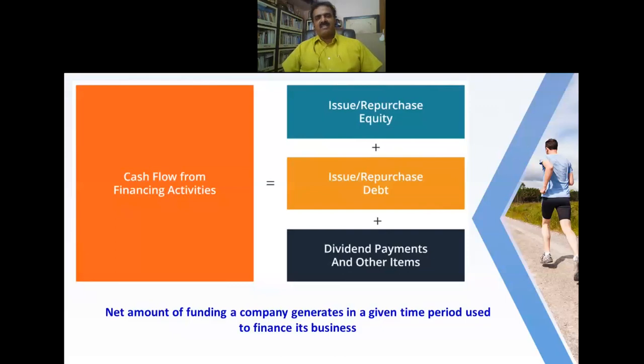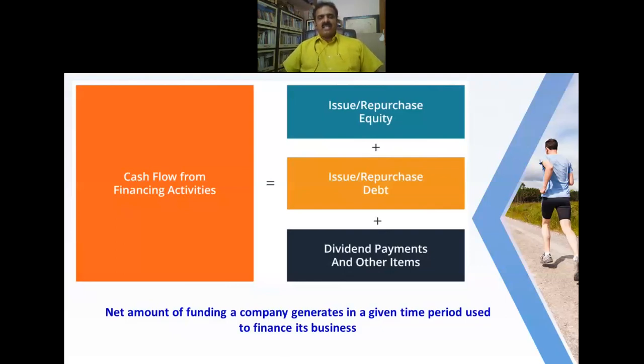And finally, the payment of dividends. So this consists of three items pertaining to the share capital and any kind of non-current liabilities such as bank loans and debentures and so on, and finally the dividend paid. So the combination of these three items put together gives the cash flow from financing activities.